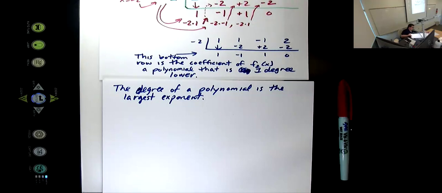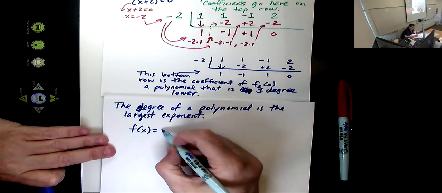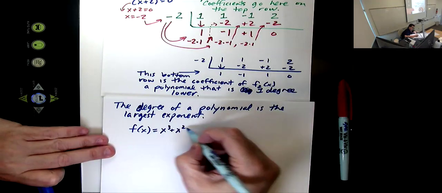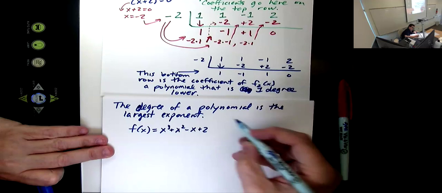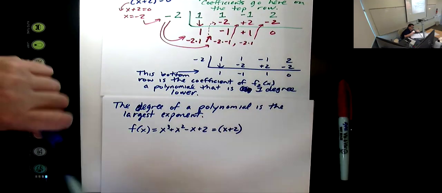So this was x cubed. I had f of x equal x cubed plus x squared minus x plus 2, and I have x plus 2 was my factor.